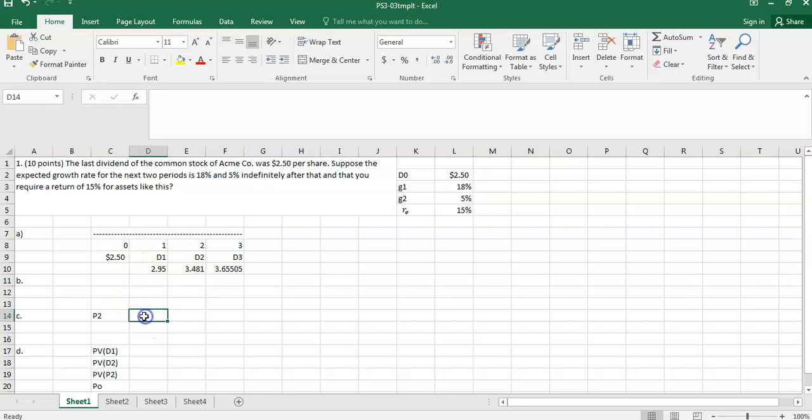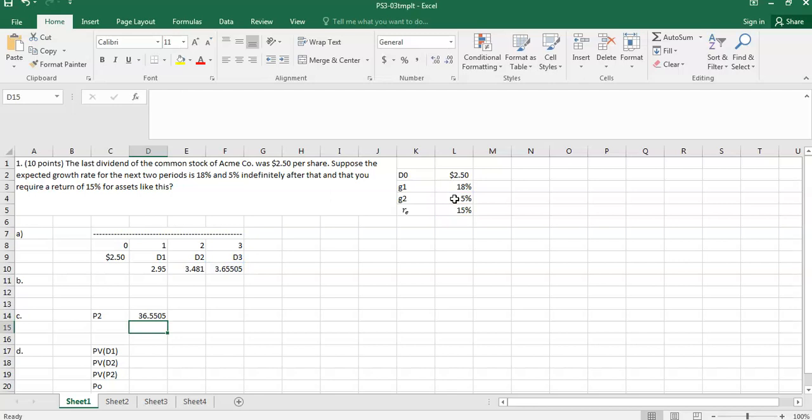So if I want to find P2, I'm going to use my constant dividend growth model formula. P2 is equal to D3 divided by the difference between my equity cost of capital and the growth rate. Here's another common misstep. That growth rate is the second growth rate, the one that will persist forever after.